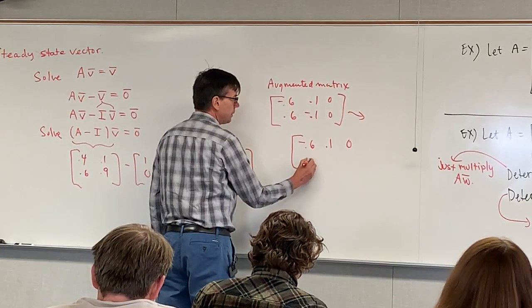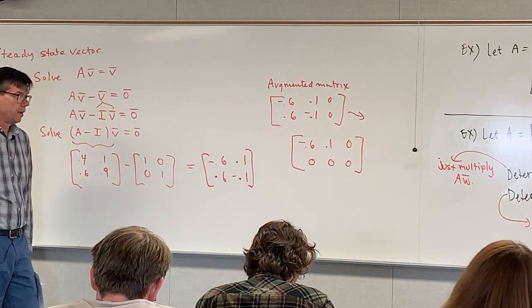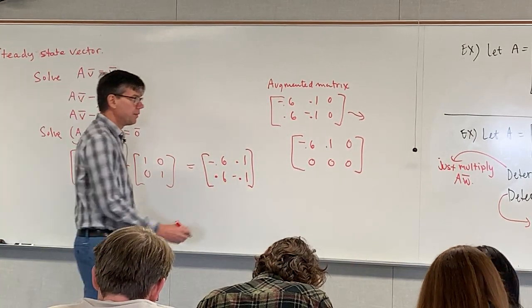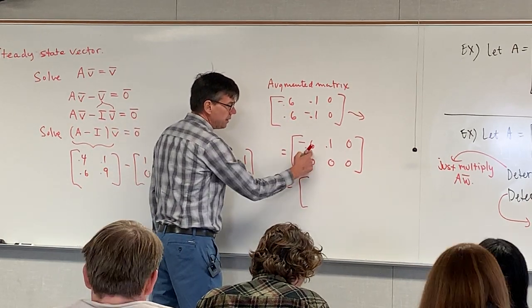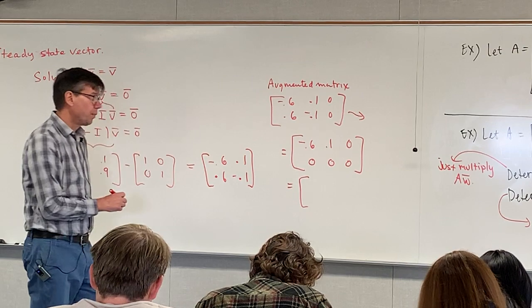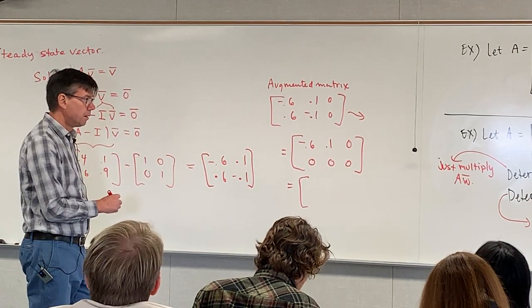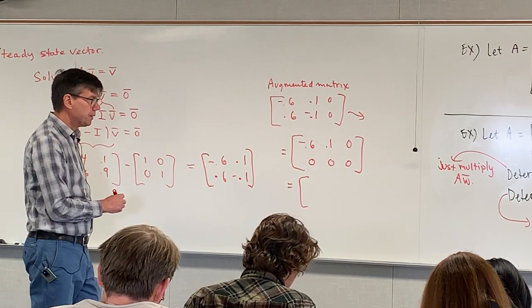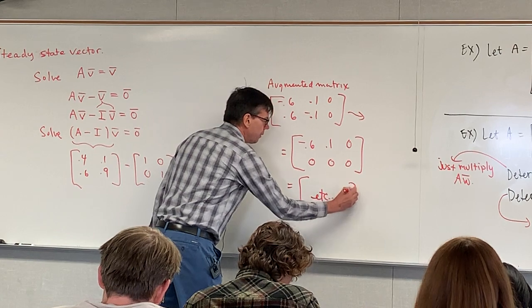And as we row reduce, we're going to get pretty quickly to that last row being all zeros, right? We can just add the rows together. And if I divide by negative 0.6, I'm not going to go through all these steps.